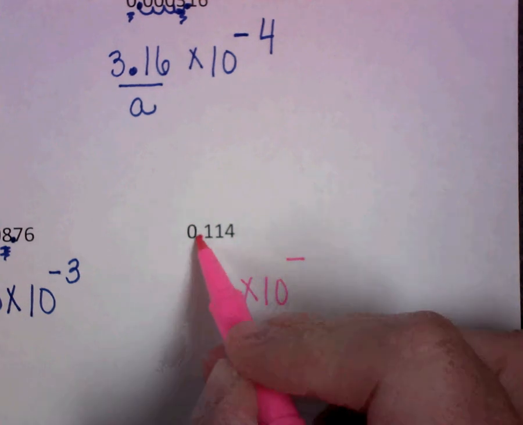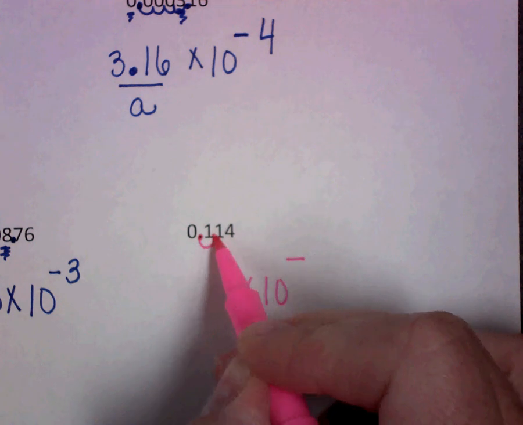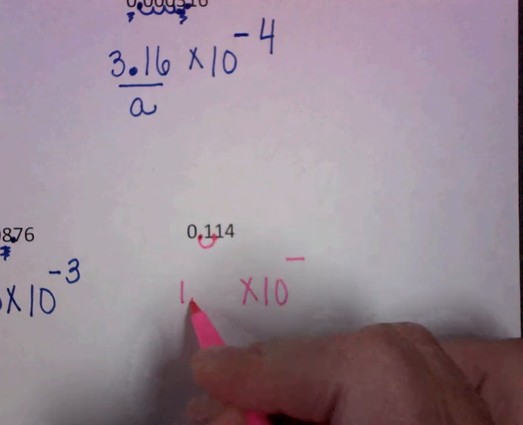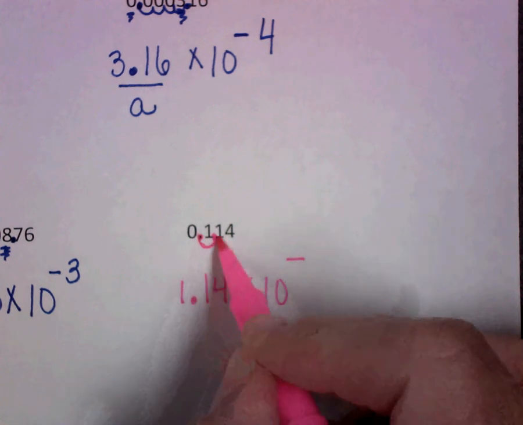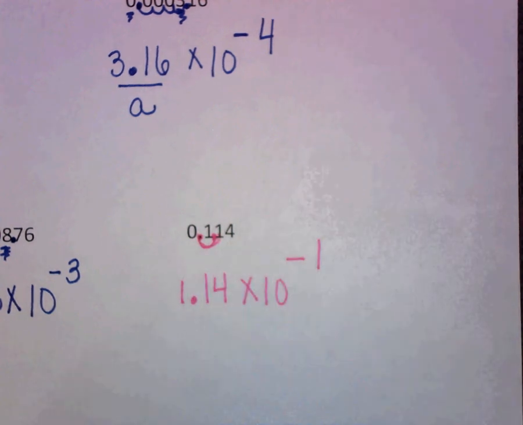Not very far. We just move it one time. So 1.14. And since we only moved it one time, 1.14 times 10 to the negative 1. Okay, glue those notes into your notebook so you're ready to go.